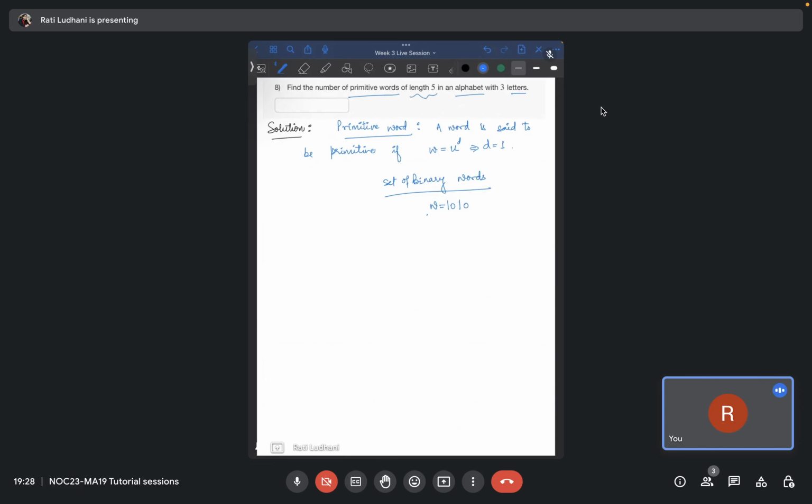The length could be anything, and the alphabet says, for example, here we are in binary. So binary means we are in the 0-1 set. When you say the alphabet set has 3 letters, you can take A, B, C, or 1, 2, 3, or 0, 1, 2, it doesn't matter, you just take any 3. So these are 3 letters of the alphabet.